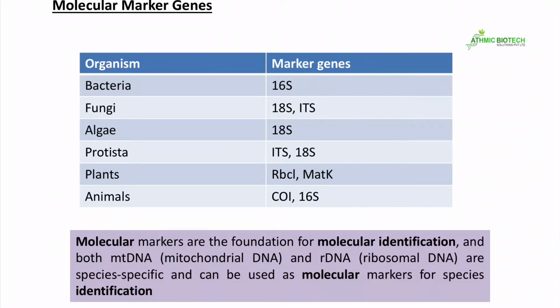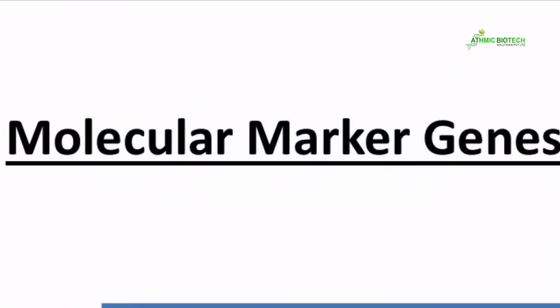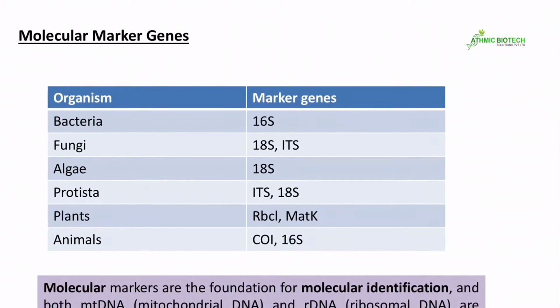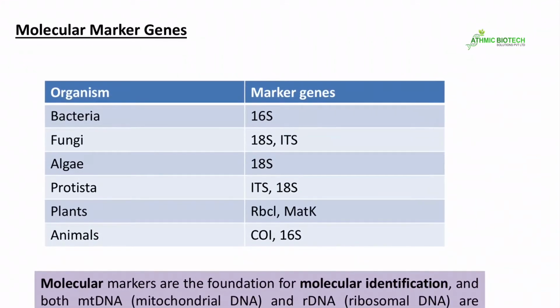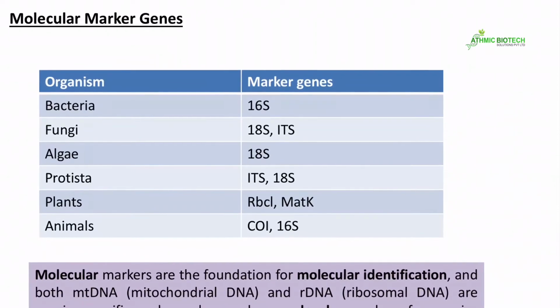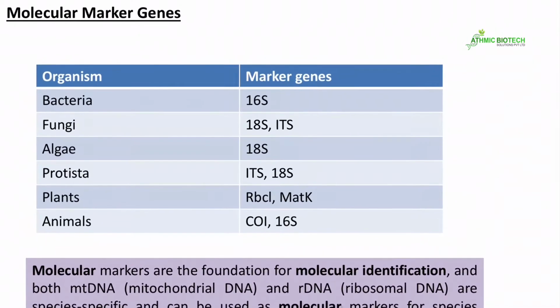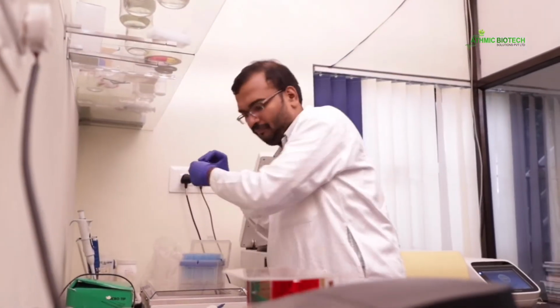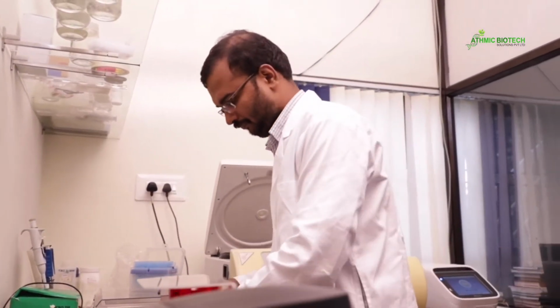What is the speciality of a molecular marker gene? Molecular marker genes are conserved within a species, but show significant variations among species. That is the difference between normal genes and a molecular marker gene. In bacteria, the 16S rRNA gene can be considered a molecular marker gene because it has this property.